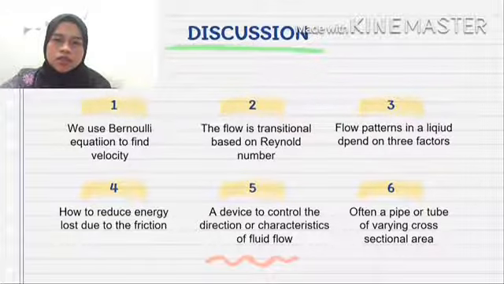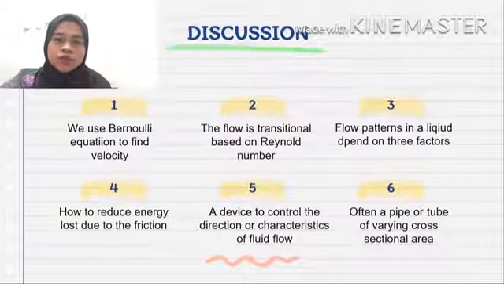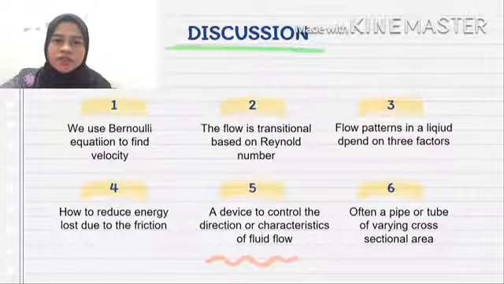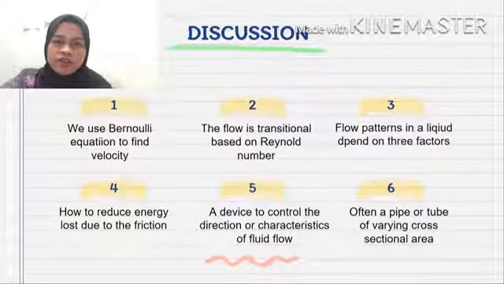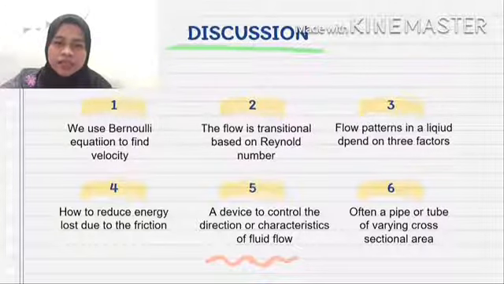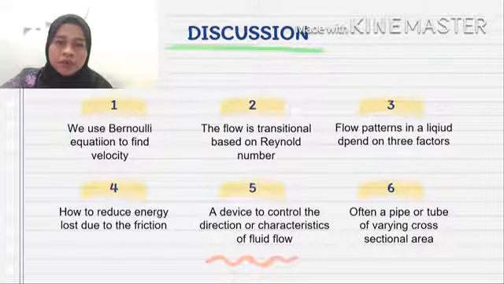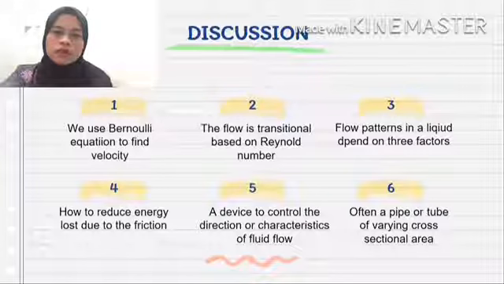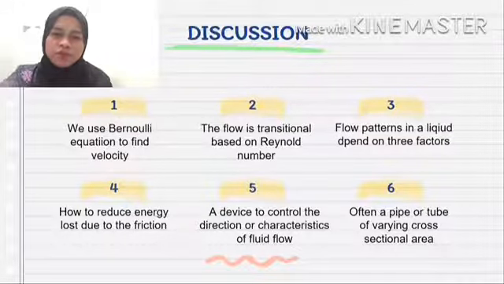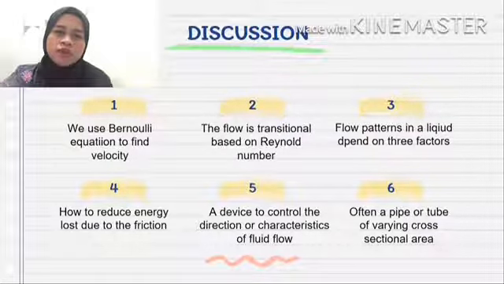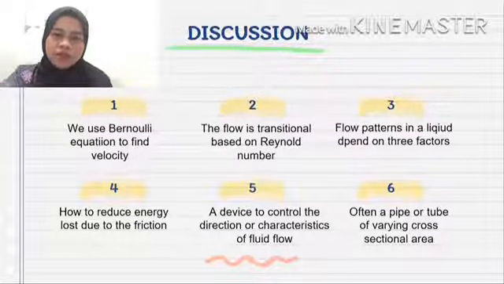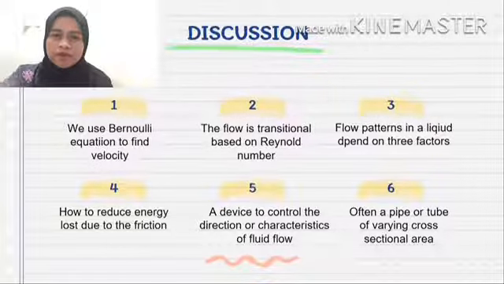A nozzle is a device designed to control the direction or characteristic of fluid flow, especially to increase the velocity as it exits or enters an enclosed chamber or pipe. A nozzle is often a pipe or a tube of varying cross-sectional area, and it can be used to direct or modify the flow of a fluid, either gas or liquid.